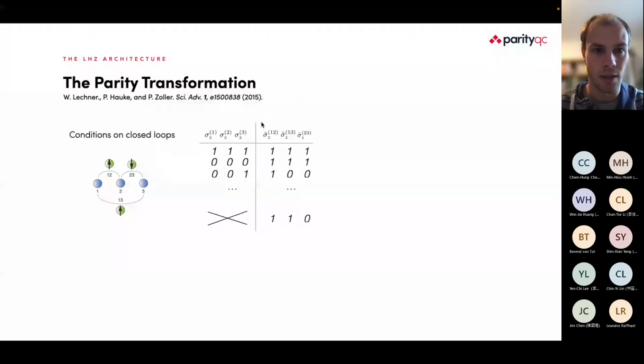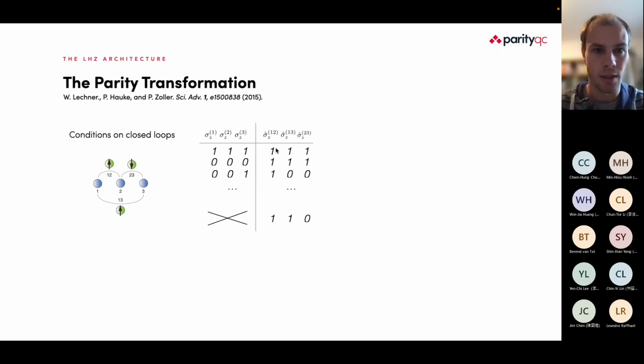So if you look at the right-hand side of this table, you see the configuration of parity qubits. 1 means that the qubits are parallelly aligned, and 0 means that the qubits are antiparallelly aligned.